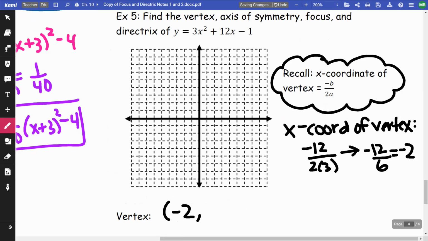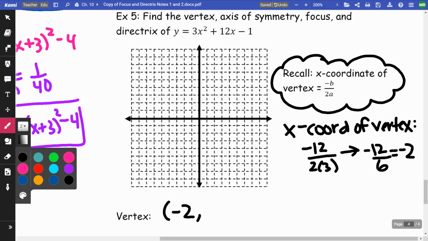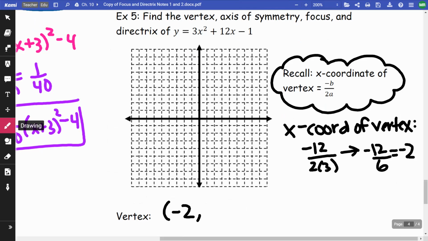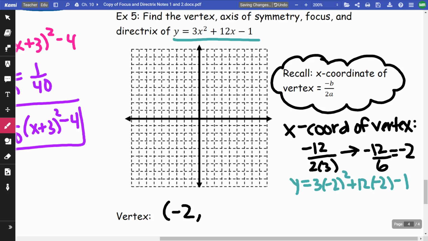How do I find the y-coordinate? Well, to find the y-coordinate, plug it in. Plug it into your equation. We got this equation right here, right? So I'm going to go y is equal to 3 times negative 2 squared plus 12 times negative 2 minus 1. I'm literally plugging it in to see what I get out.